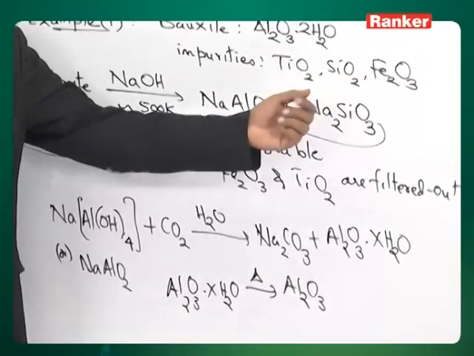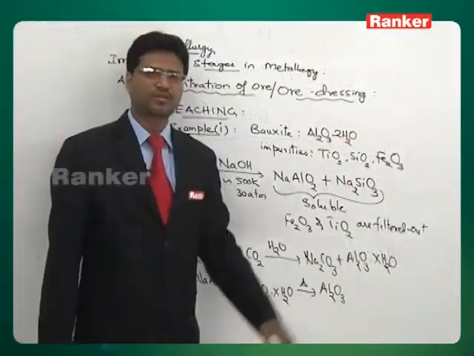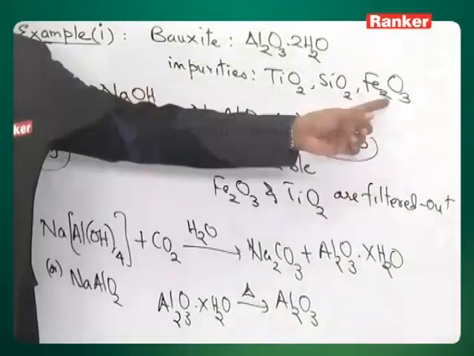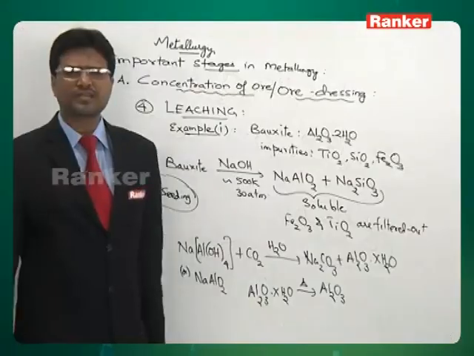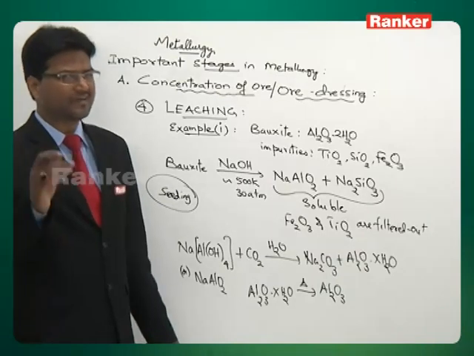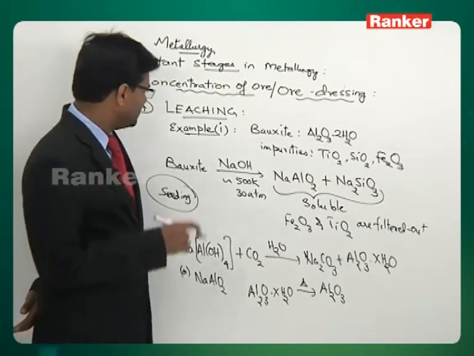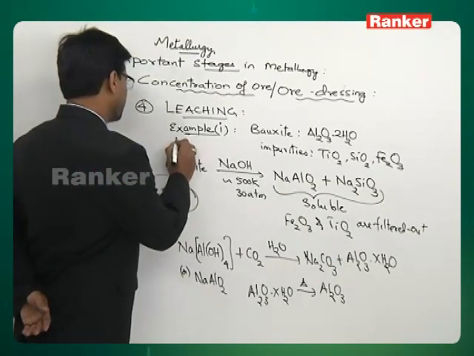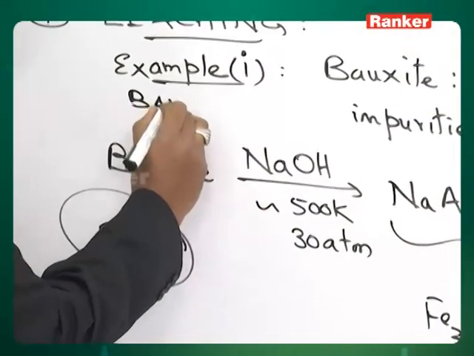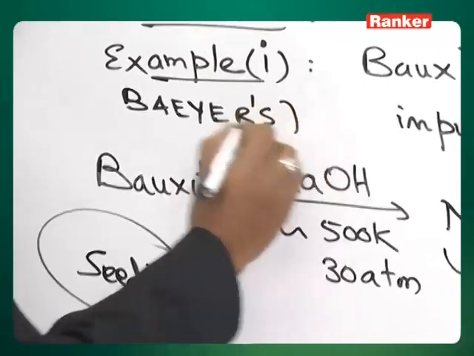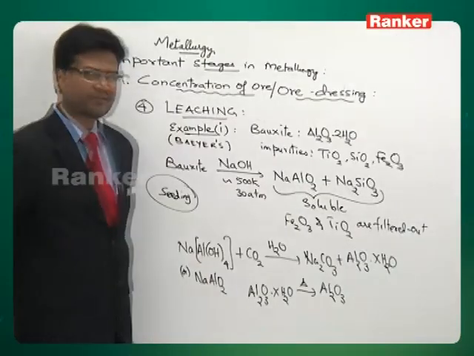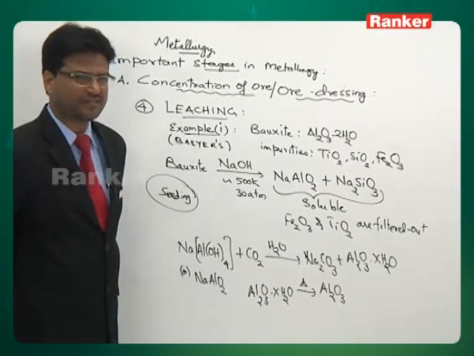These two are soluble in alkali and these two are insoluble. So you got rid of these two impurities, then you could selectively precipitate out Al2O3, heated it to get anhydrous alumina. This process is called Bayer's process. It is Bayer's process of concentration of bauxite.